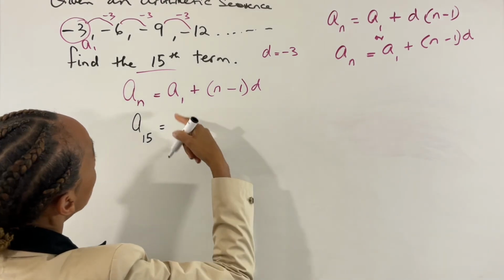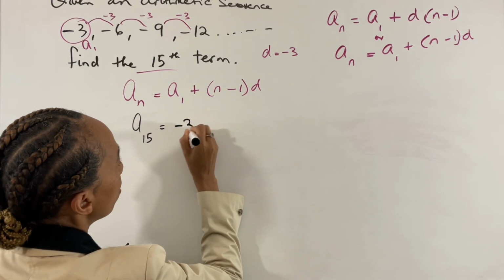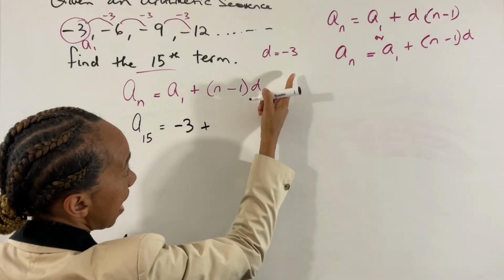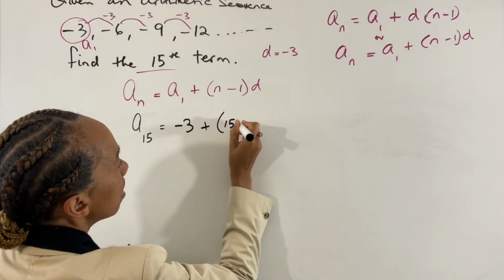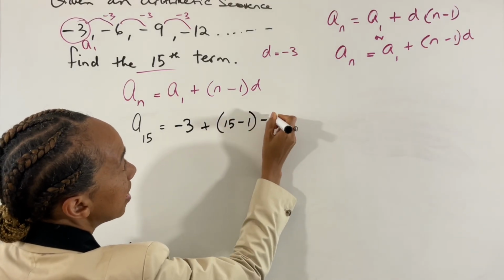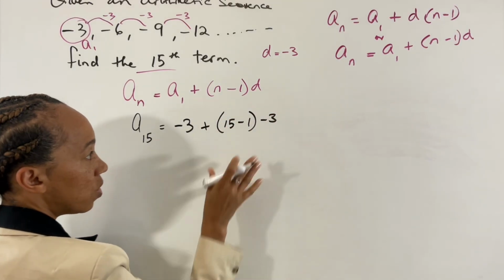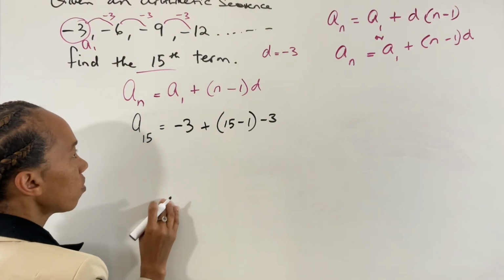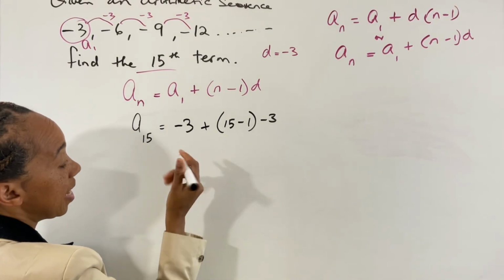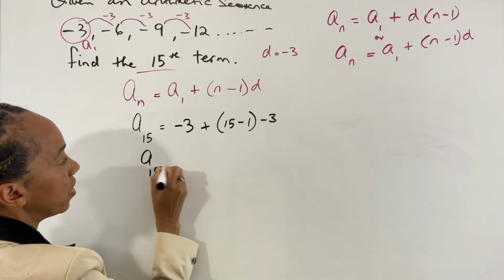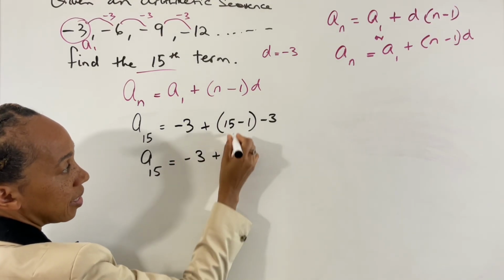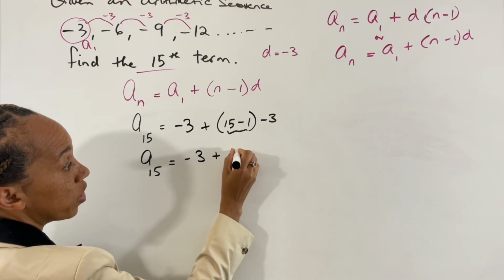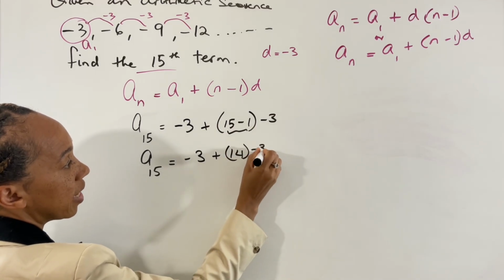So we are going to substitute A sub 1, which is -3, plus, and we will have our n, which would be 15 minus 1, and then the -3 on the outside. So we're going to have it like this. Now, because we have it like this, A sub 15, or the 15th term, is -3 plus 14 times -3.